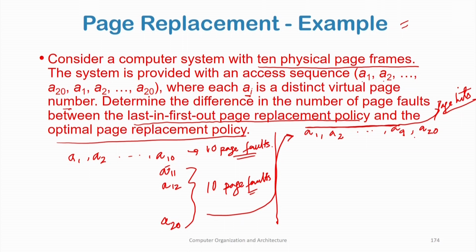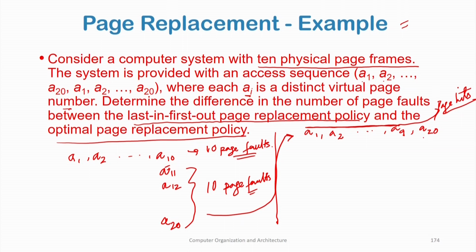Now A10 will again result in a fault. Who will it replace? This is a last in first out page replacement policy. Therefore, when A10 is accessed, it will be replaced by the one which came in last.